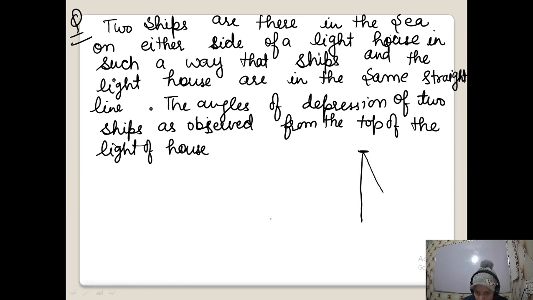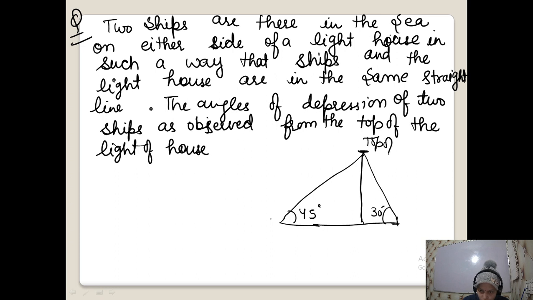Here it makes 45 degree and here it makes 30 degree. This is the top of lighthouse.